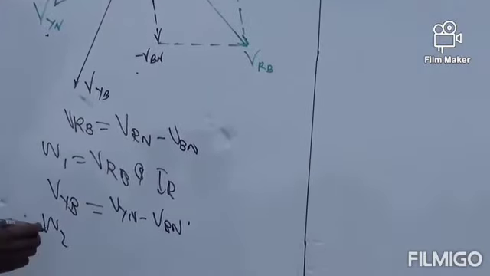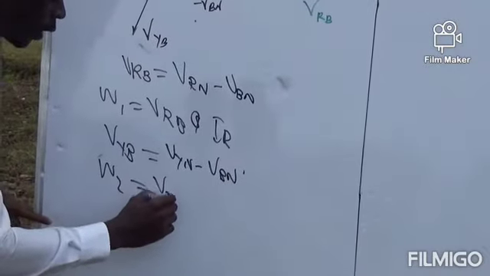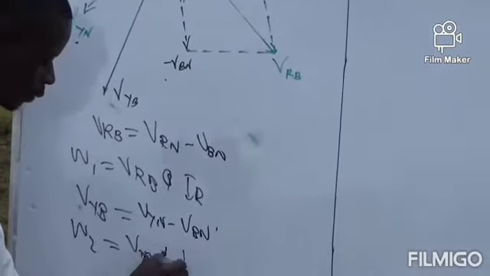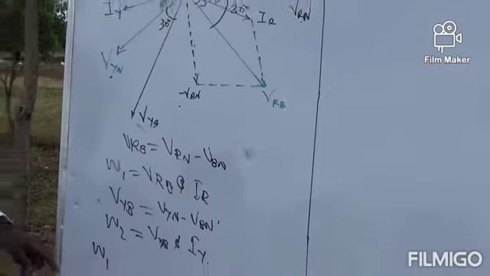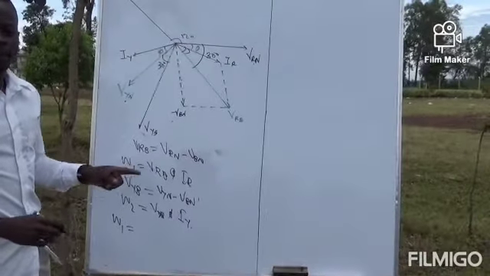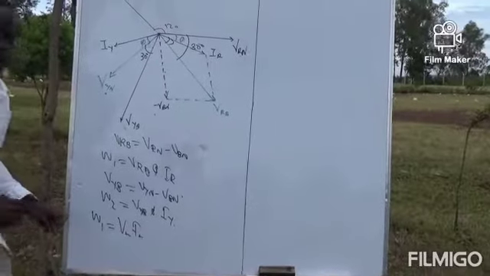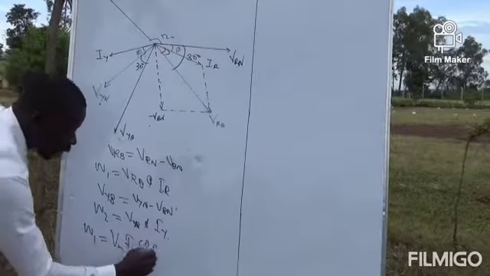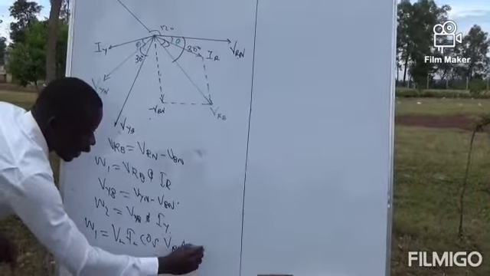Wattmeter 2 was giving us the line voltage VYB, considering IY. In other words, the wattmeter reading is equal to the line current times the line voltage. So wattmeter 1 will be VL IL cos of the angle between VRB and IR.